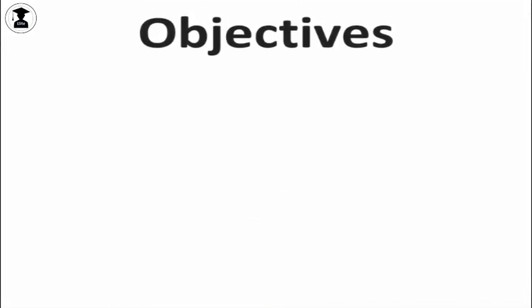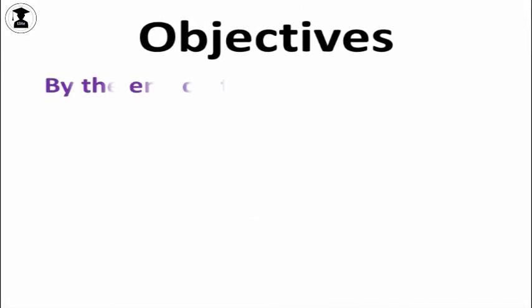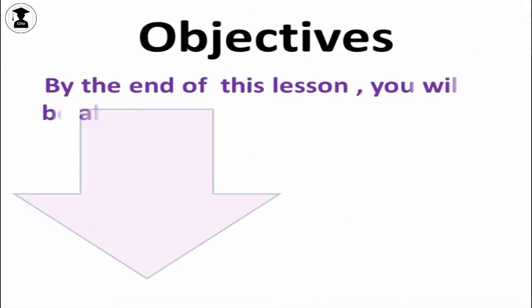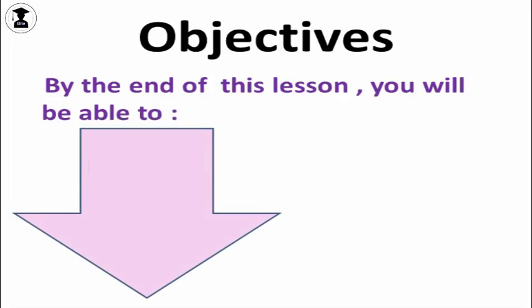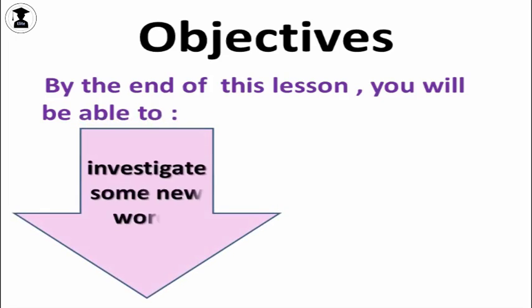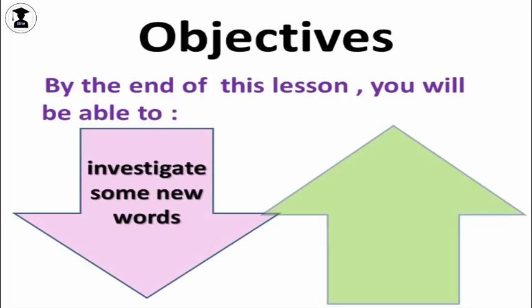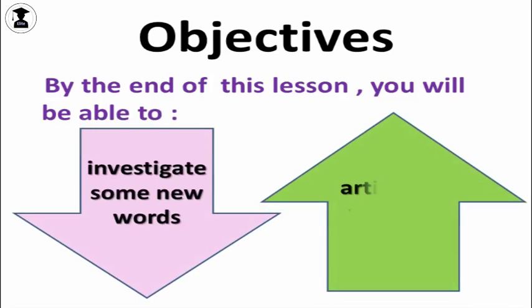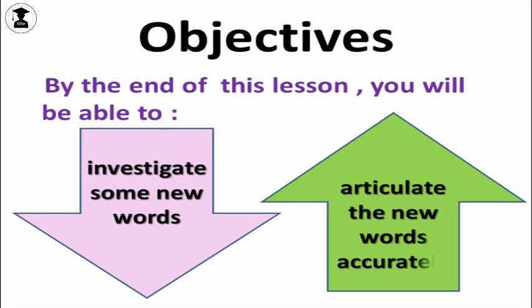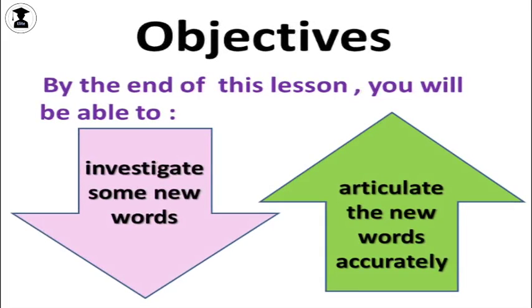As long as today's lesson is vocabulary, can you guess the objectives of today's lesson? Actually, dears, by the end of this lesson, you will be able to: Number 1, investigate some new words. Number 2, articulate the new words accurately.